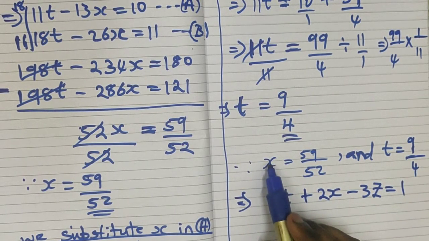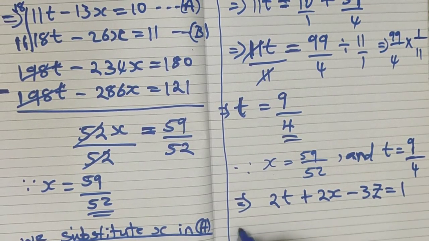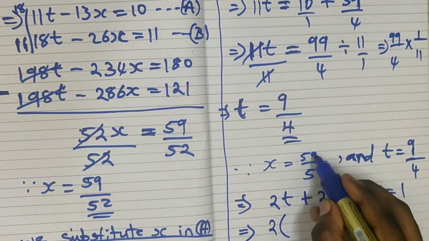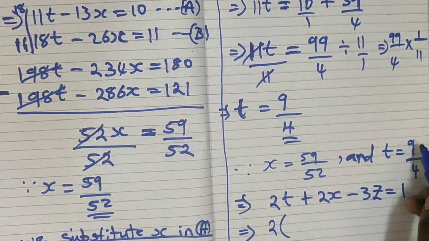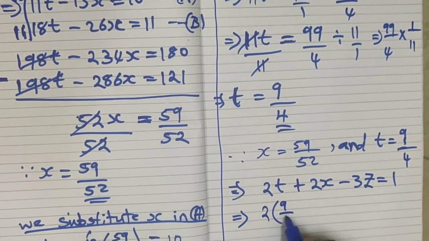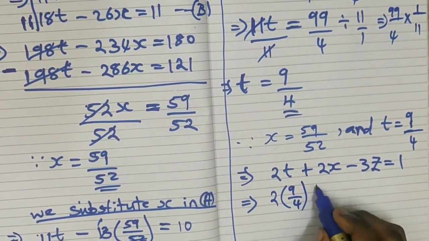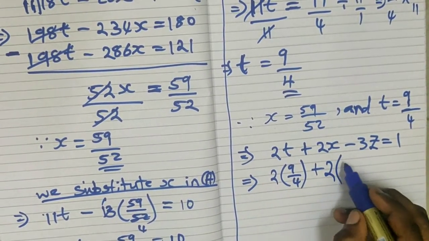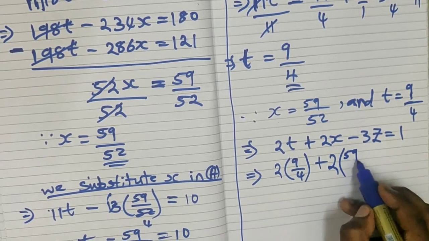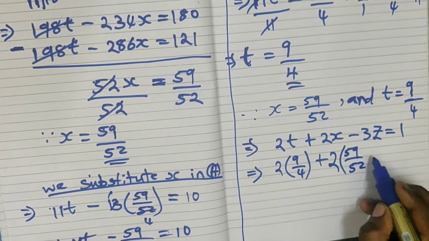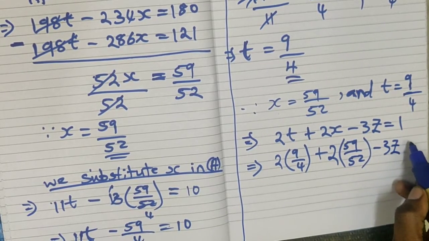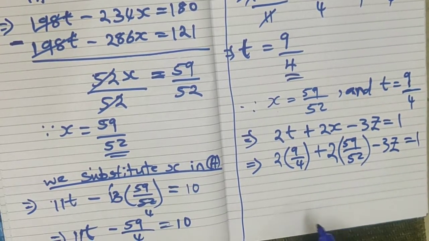So if we substitute our x and t, we are going to have 2 into our t. Our t is what? 9 on 4, plus 2, our x is what? 59 on 52, minus 3z equals to 1.